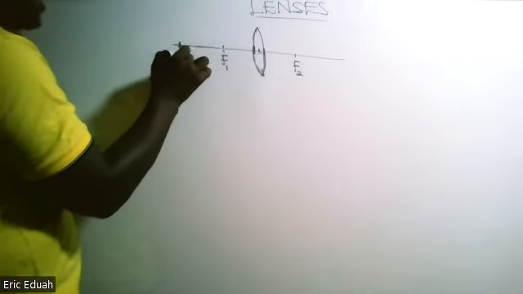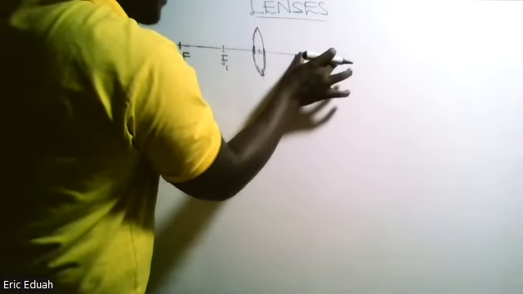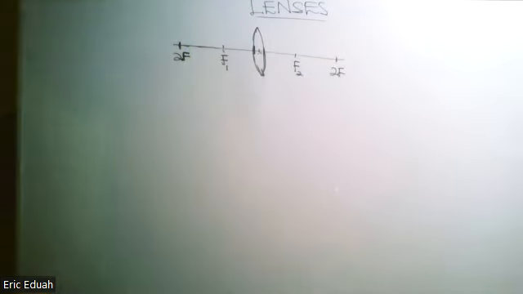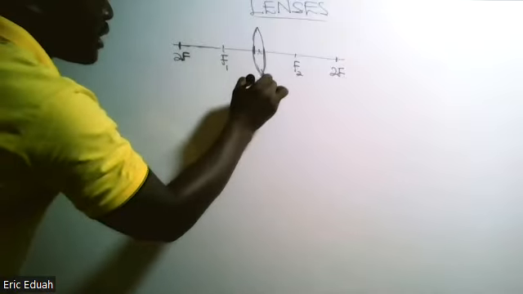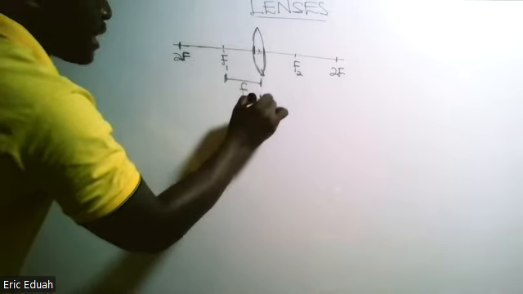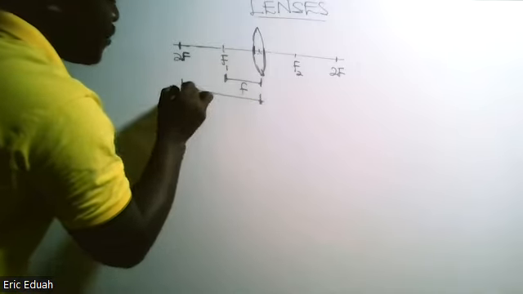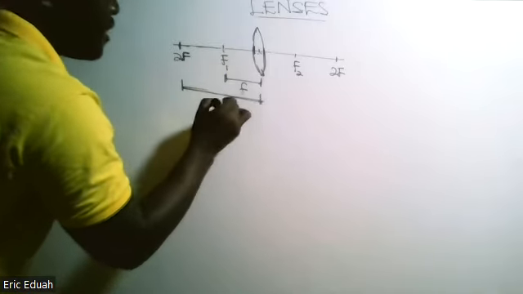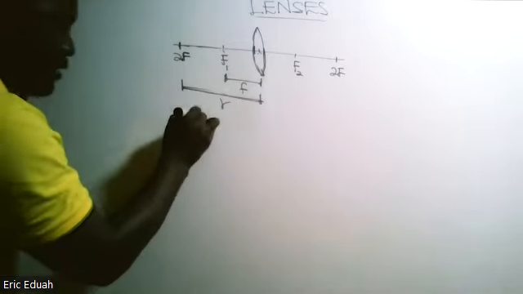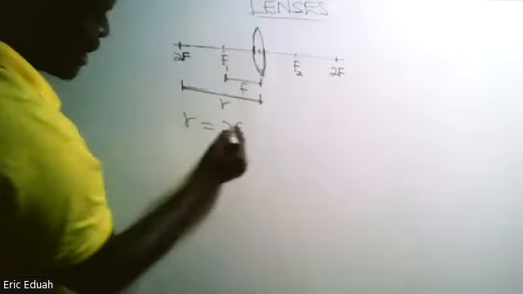2F. Same distance. This is 2F. Okay. From the optical center to this is F. From the optical center to where the center of curvature, which is rebranded as 2F, is R. And here, R is equal to 2F, whichever way, either this side or this side.